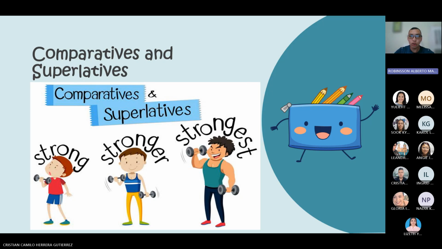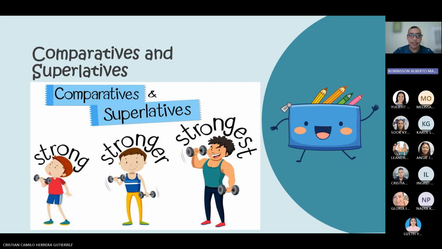To apply this method, we're going to talk about comparatives and superlatives. I know that all of you have a clear idea about this topic, but it's the topic that we're going to talk about using this method.